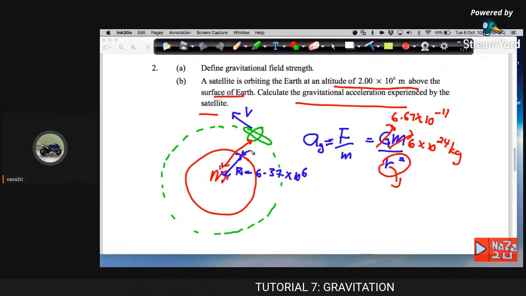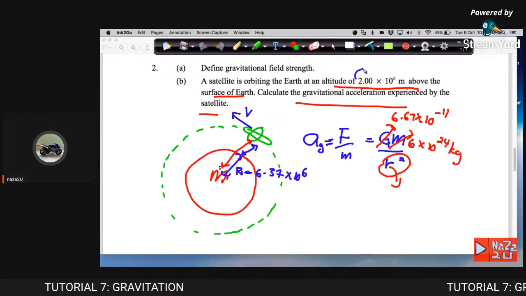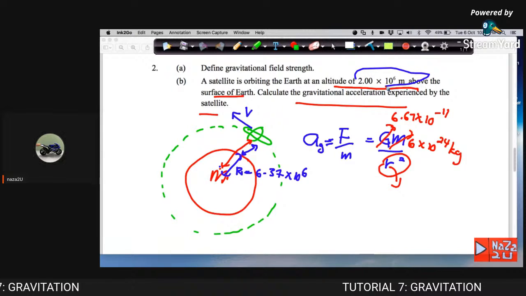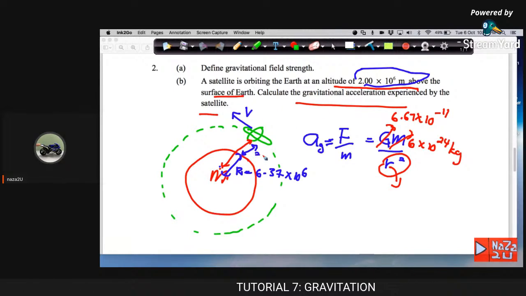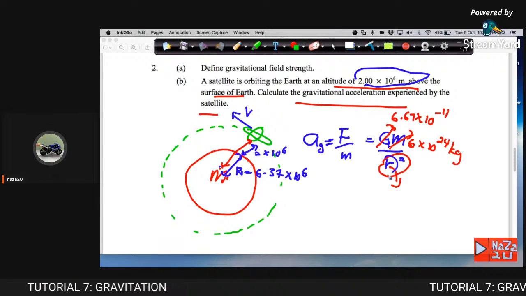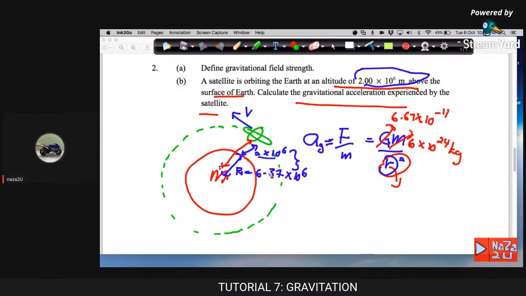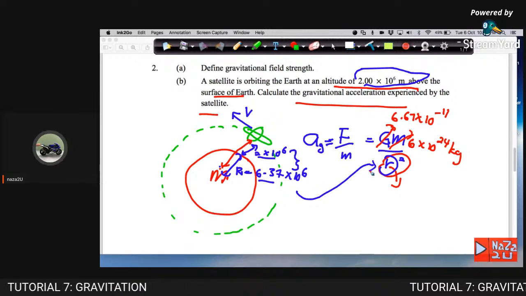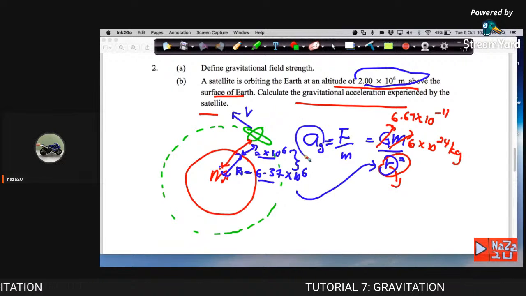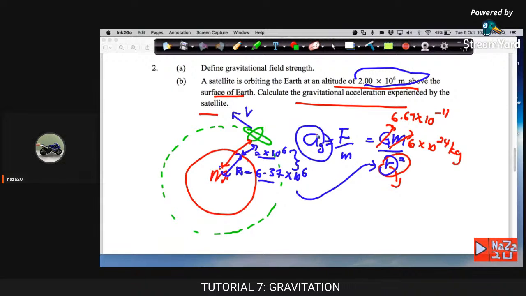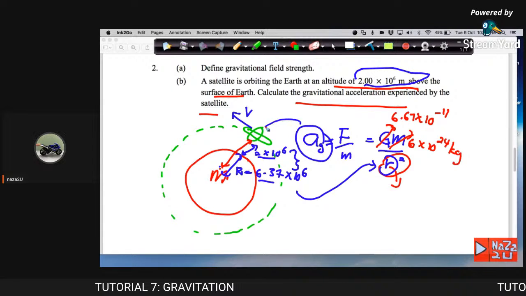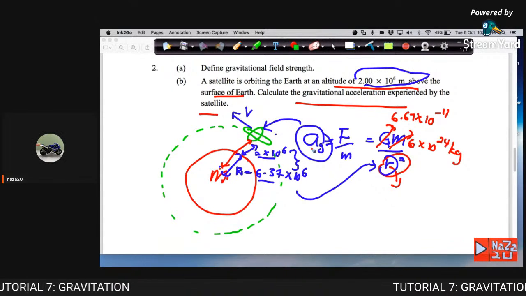So jarak ni dia bagi dalam soalan ini berada pada altitude 2 exponent 6 meter. So here we have 2 exponent 6 meter. So nilai R kat sini adalah hasil tambah dua nilai inilah. 2 exponent 6 plus 237. Barulah kamu masuk dalam R kat sini. So kita boleh cari gravitational acceleration experienced by the satellite.